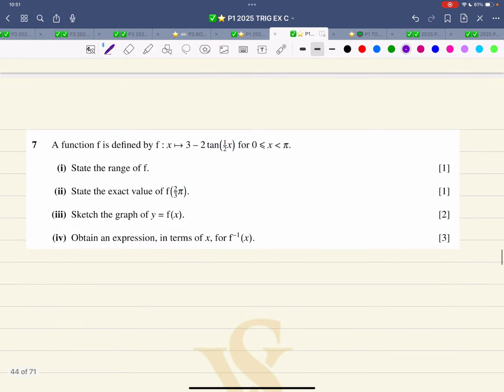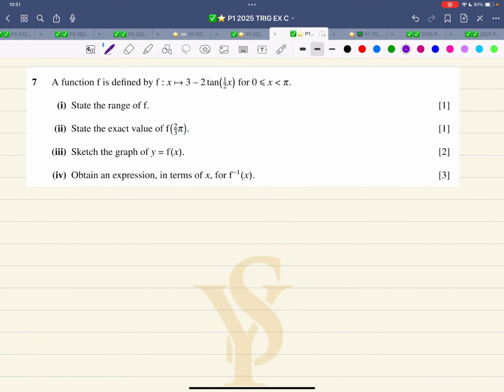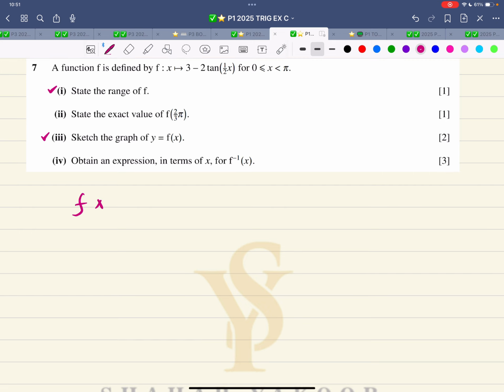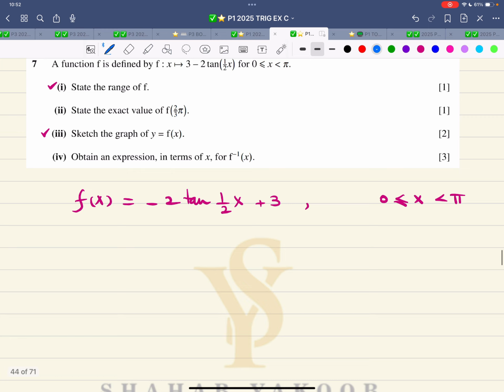Now let me move to part 1 and part 3. So this is part 1, the range. This is part 3. Part 2 is already done. So if I want to draw this, let me first write f(x) is negative 2 tangent half x plus 3. That is the proper order in which it has to be written. x lies between 0 inclusive, pi exclusive. Now remember, there was something that was taught in class about tangent. y is equal to tangent kx.